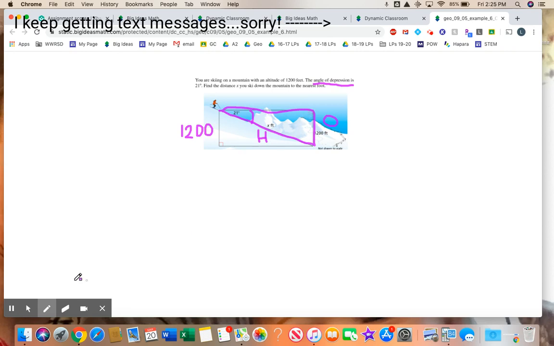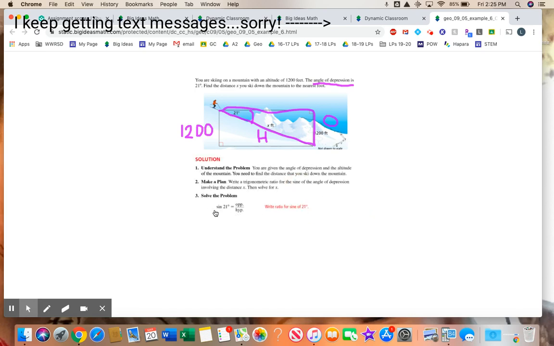So this time we need a trig function that uses opposite and hypotenuse, which is the sine function. So sine of the angle, sine of 21, would be opposite over hypotenuse. We substitute in that the opposite side is the 1200 and x is the hypotenuse. That's what we're trying to find.